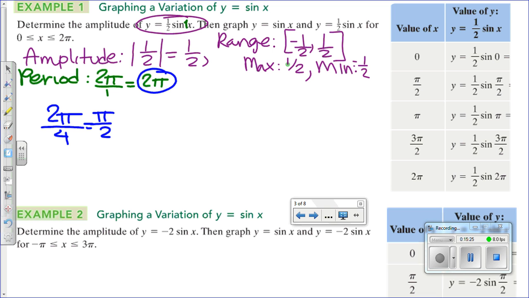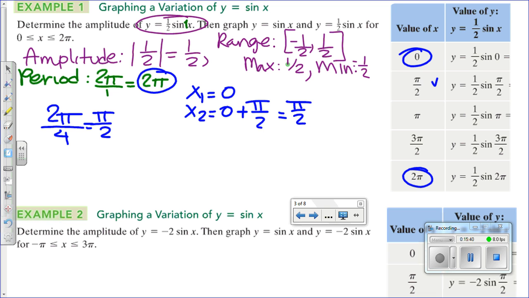So you can see we start with 0, we end with 0, but if x1 is 0, x2 will be 0 plus pi over 2. So that's how you get this one here. The next one, x3, will be pi over 2, and then you add another pi over 2, and so you will get pi. And that's how we get this one here.